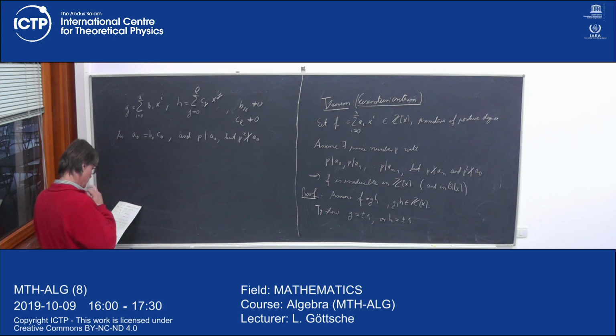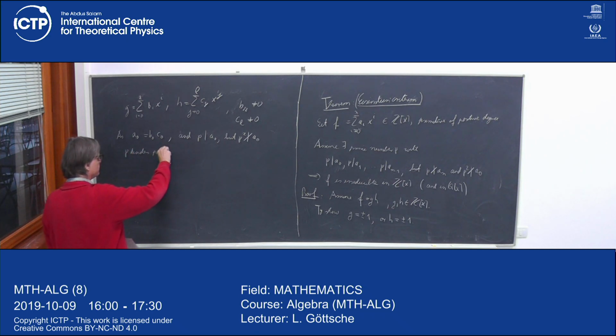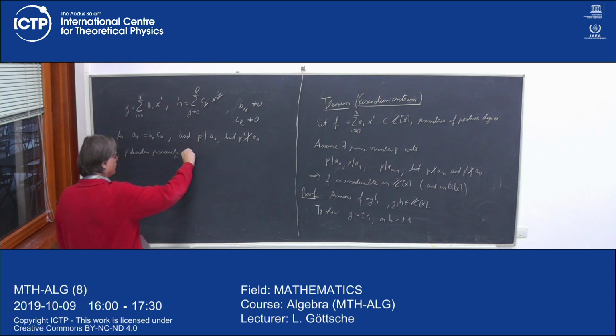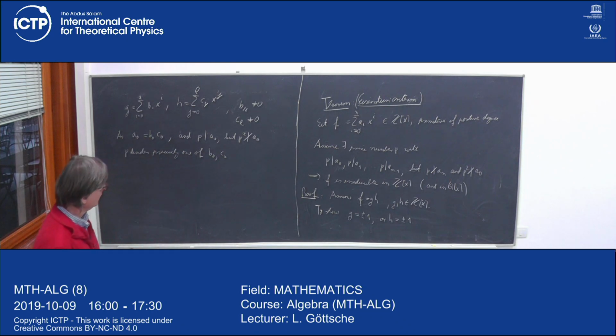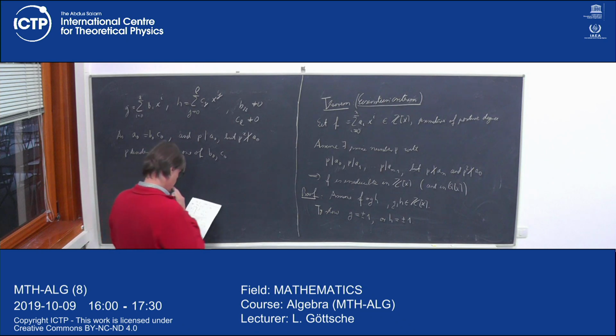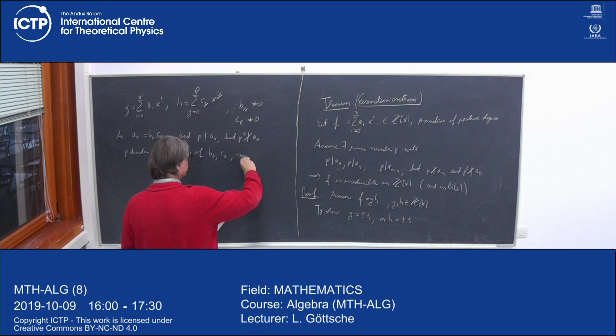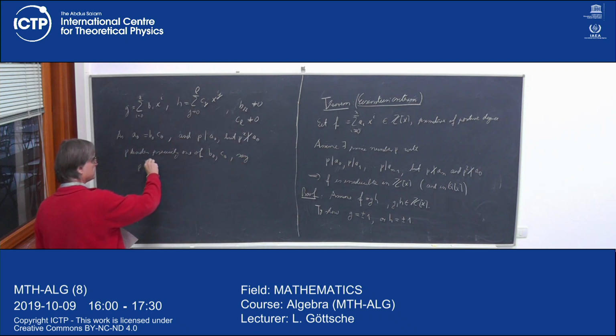So it follows that p divides precisely one of b_0 and c_0. And we can assume, because obviously it's up to us whom we call g and whom we call h, that it is b_0 which is divided. So we say p divides b_0 and p does not divide c_0.